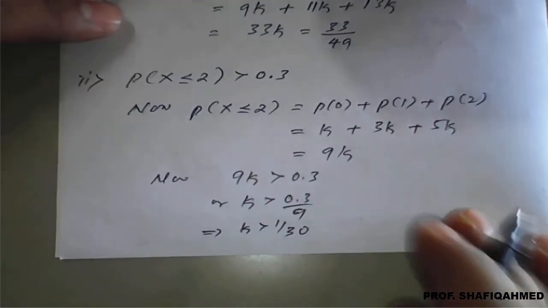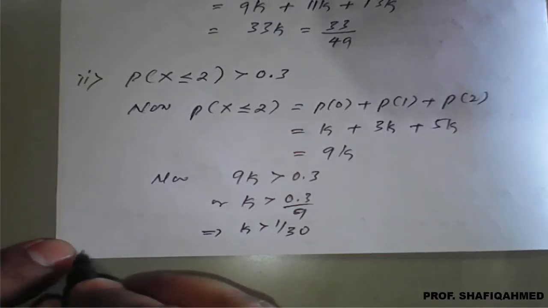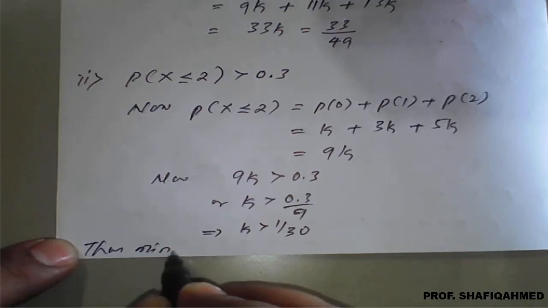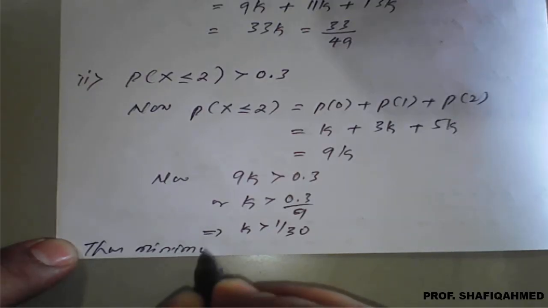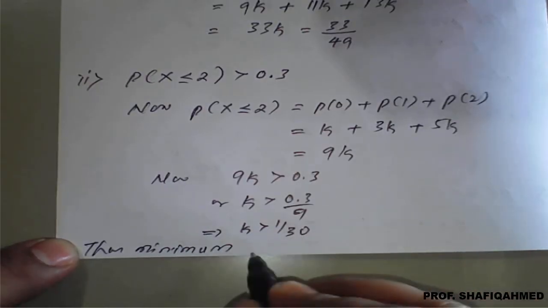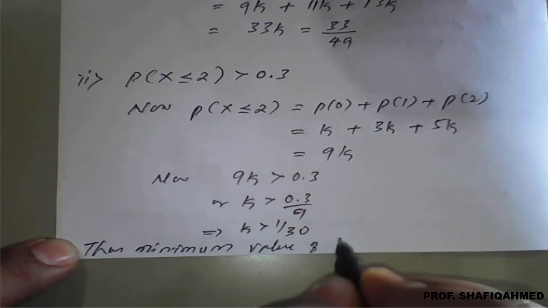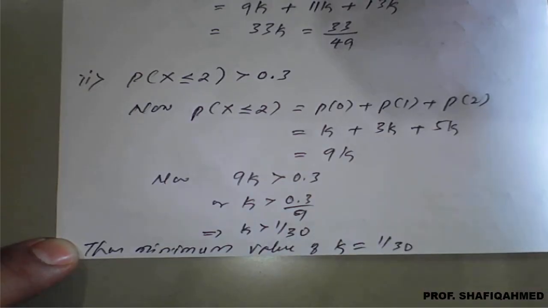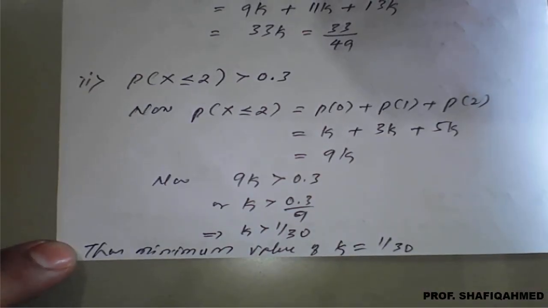So therefore you have to conclude that thus the minimum value of k is 1 by 30. This is the end of the problem.